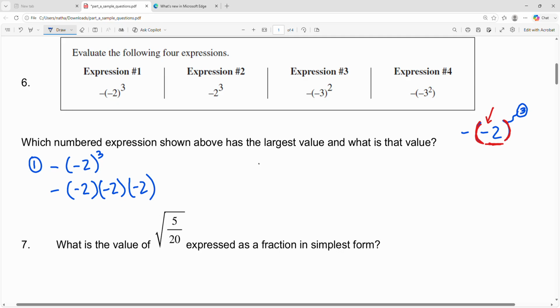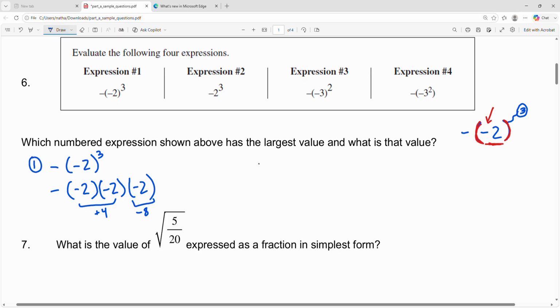So let's just keep it simple. Let's just expand this. So now I have negative 2 times negative 2 times negative 2. All right, we know that a negative times a negative is a positive, and then that'll give us positive 4, right? But then we multiply by negative 2, and a positive times a negative gives us a negative. So the result after multiplying all 3 of those together would be negative 8.